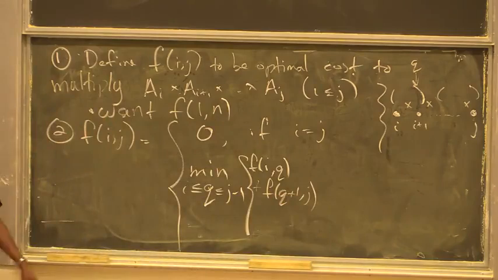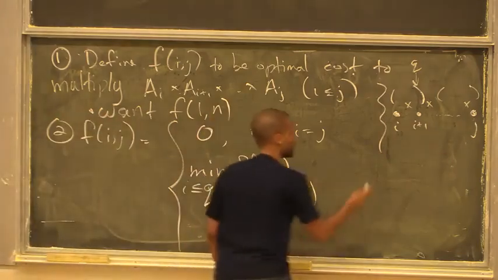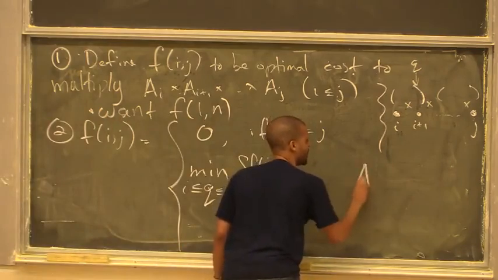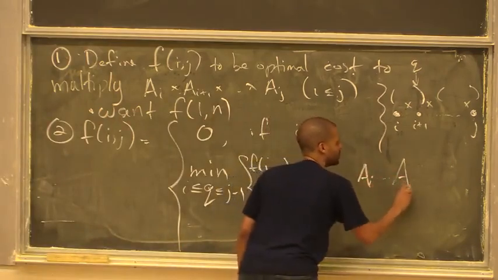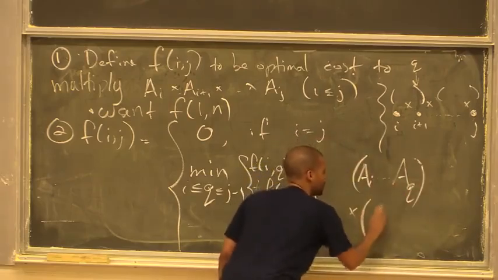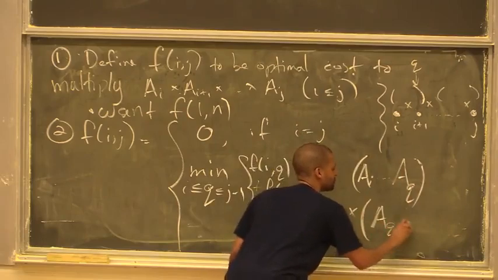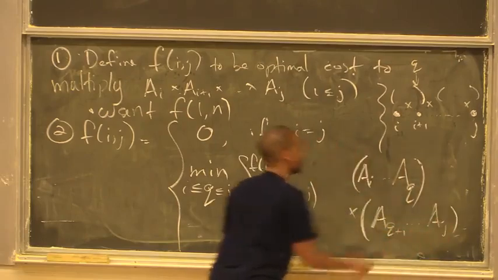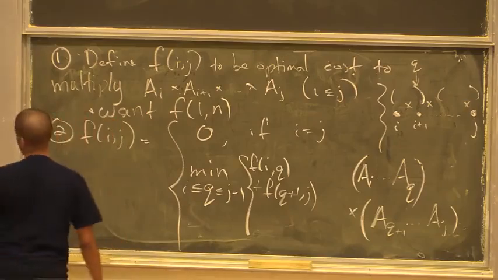And then we need to multiply the resulting matrices. What are the dimensions of the resulting matrices? So again, the picture here, we have A_i to A_q, times A_q plus 1 to A_j. So what are the resulting matrices' dimensions?